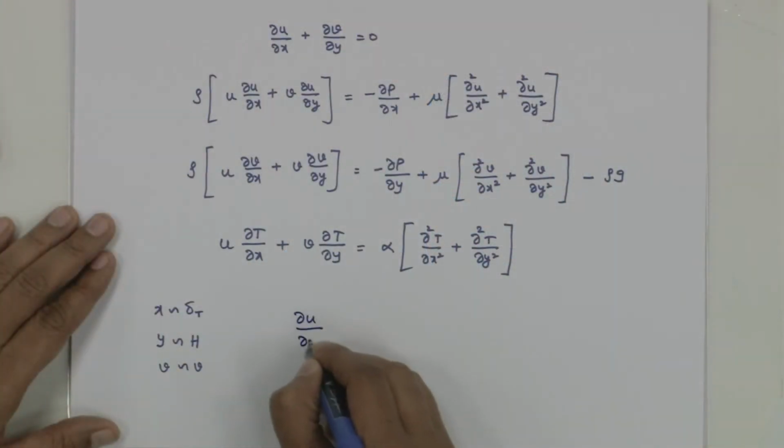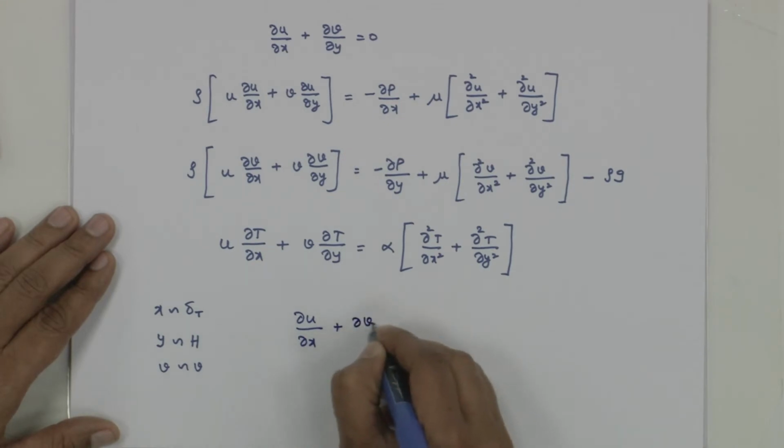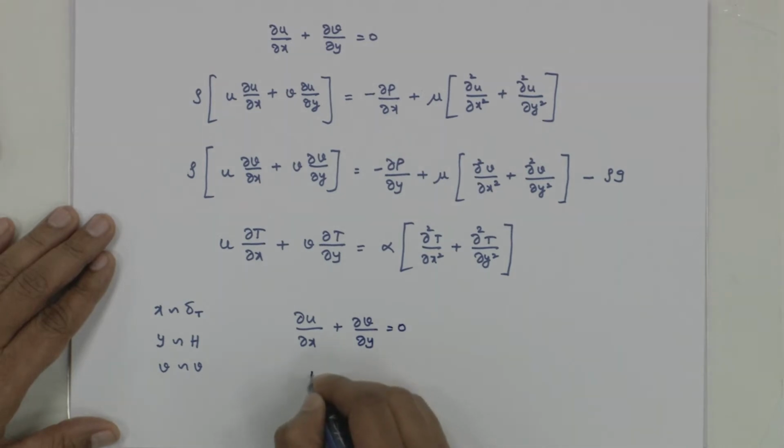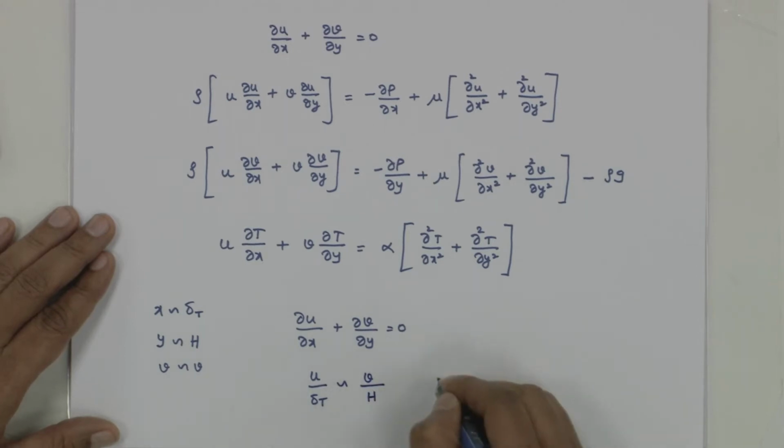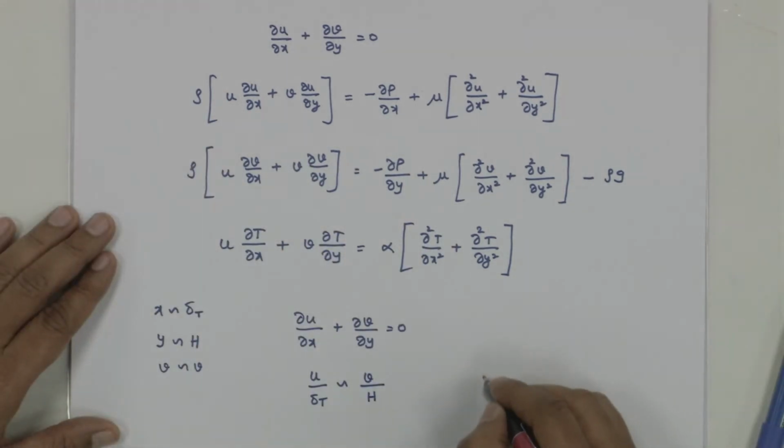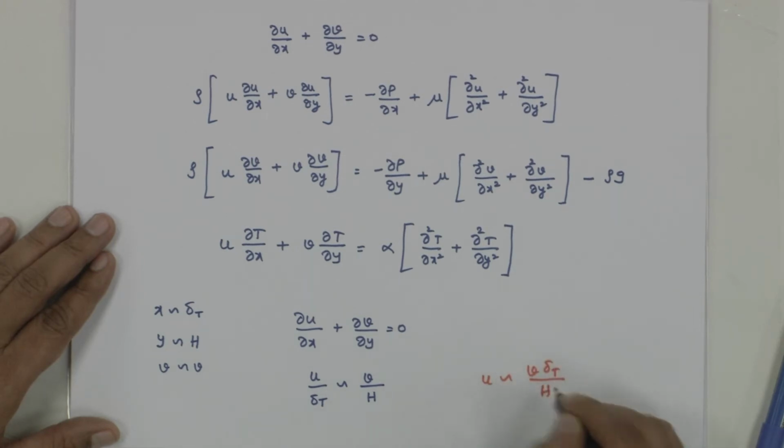So from the continuity equation, del u by del x plus del v by del y equal to 0, that is u upon delta T is of the order of v upon h, which implies that u is of the order of v delta T by h.